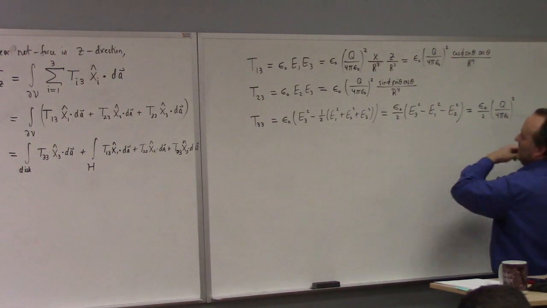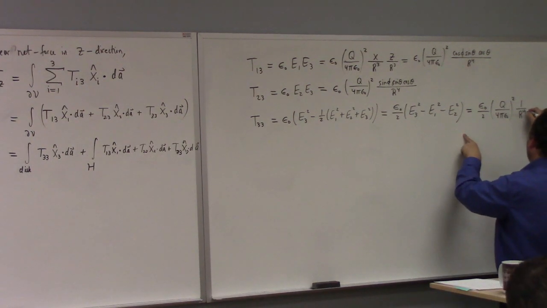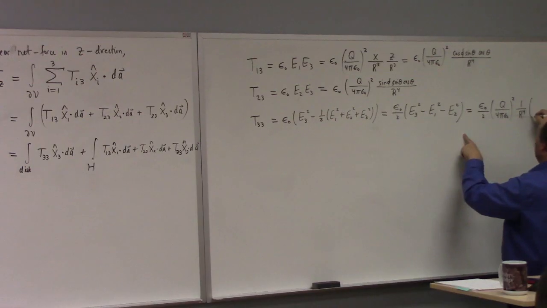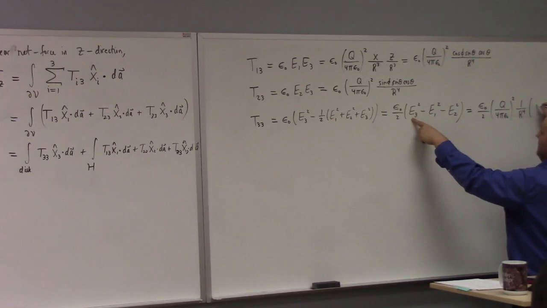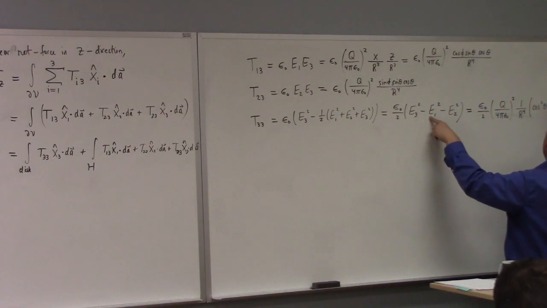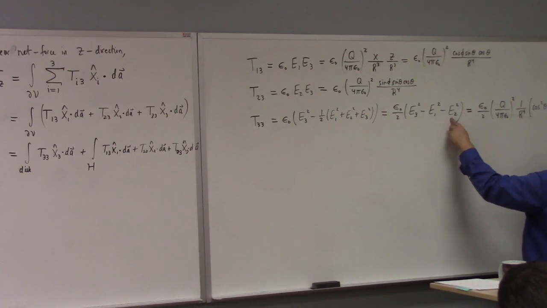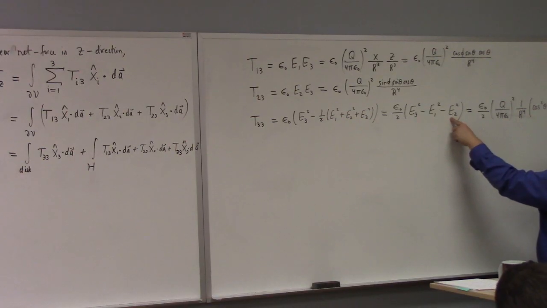And we're going to end up with a 1 over r to the 4th again, right? By dimensional reasons, it has to be there. And that's going to give me cosine squared theta minus sine squared theta, cosine squared phi minus sine squared theta, sine squared phi.